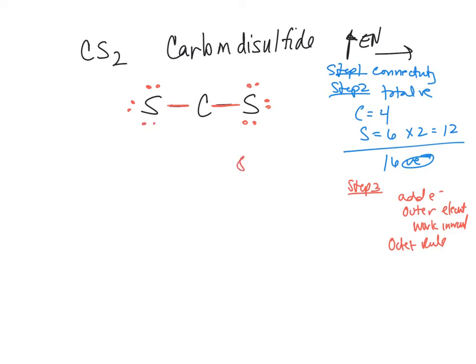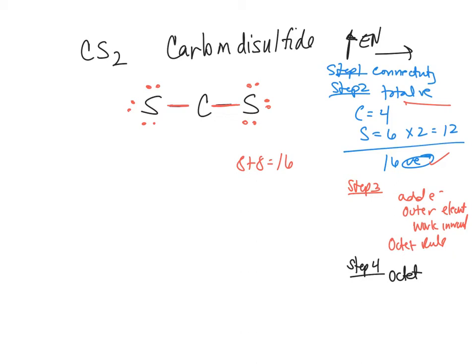So what's 8 plus 8? 16. Okay? So that's 16. We can't add electrons or take them away. We have to follow this. Total valence electrons are 16. But now we have to do the octet. Step 4 is the octet.